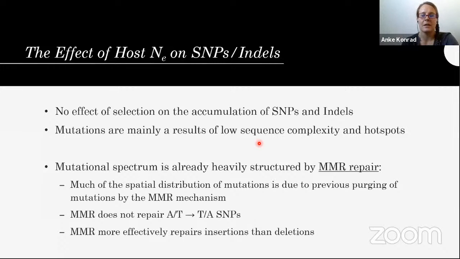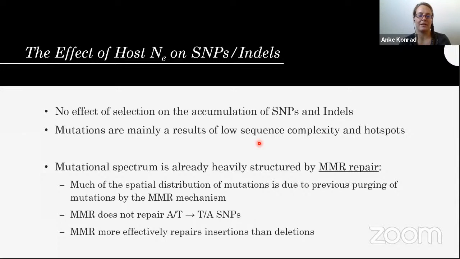elegans, we could see that the two mutations that were generally not properly repaired by mismatch repair were AT to TA SNPs, substitutions, and, well, small single base pair deletions.